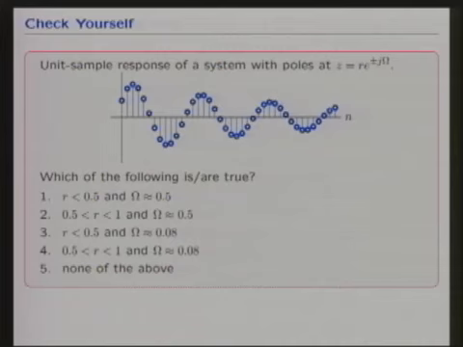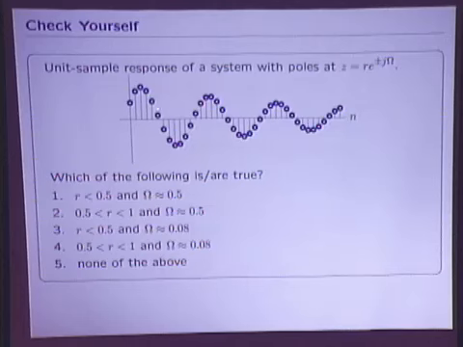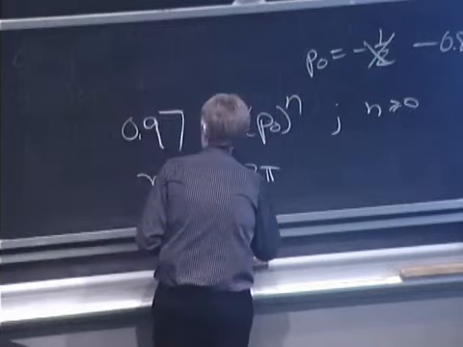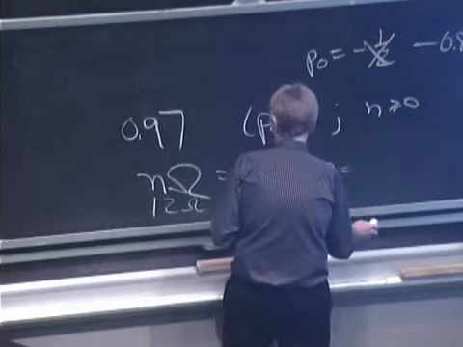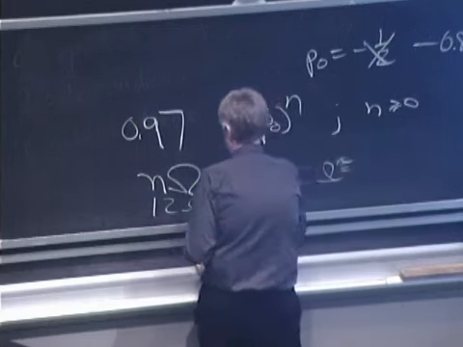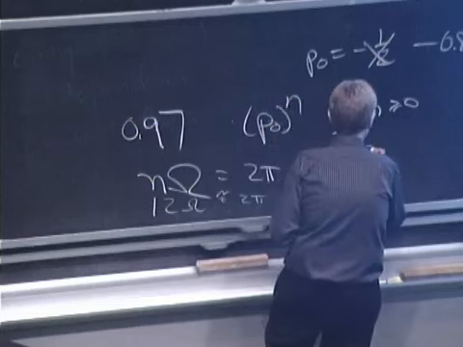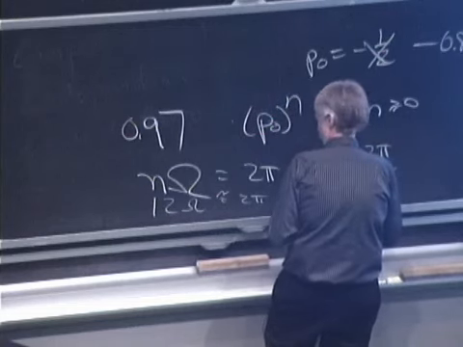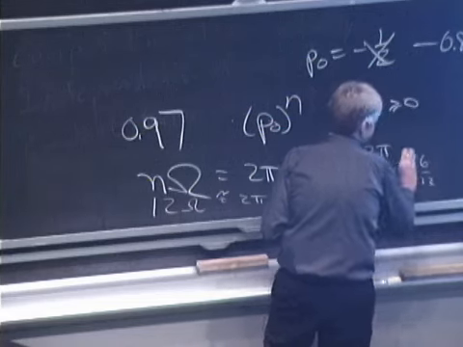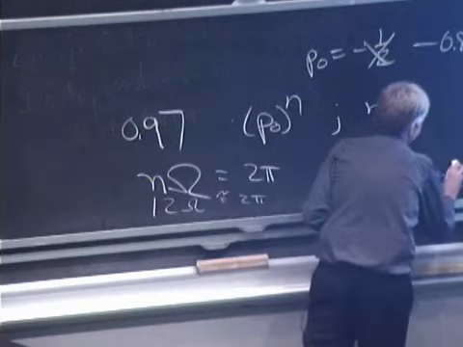So if I started here and went to there, I get 1, 2, 3, 4, 5, 6, 7, 8, 9, 10, 11, 12. Takes about 12. So 12 omega is 2 pi. And so omega is approximately 2 pi over 12. 6 over 12 by Blackboard math is a half.